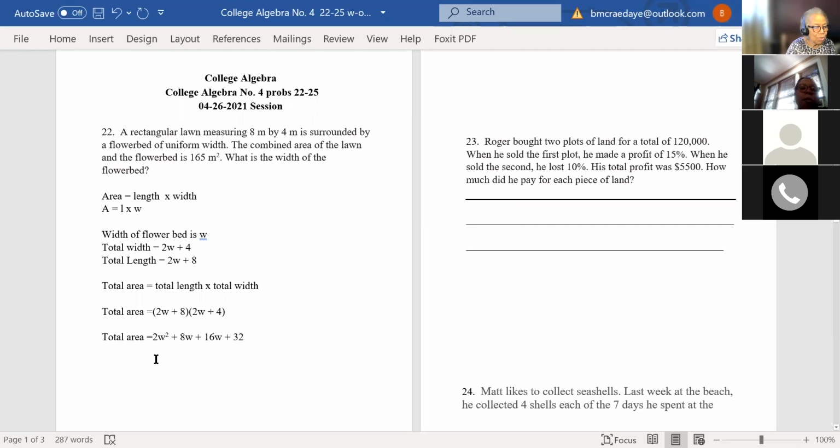Okay, so 2W times 2W is 2W squared. 2W times 4 is 8W. Multiply the coefficients. 8 times 2W. 8 times 2 is 16. That's 16W. And then the constants, 8 times 4 is 32. Okay.